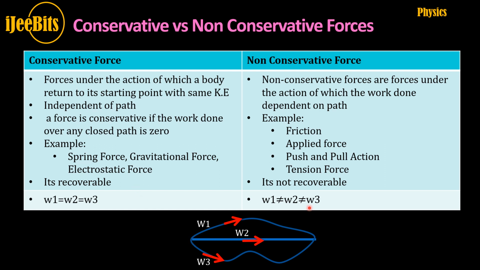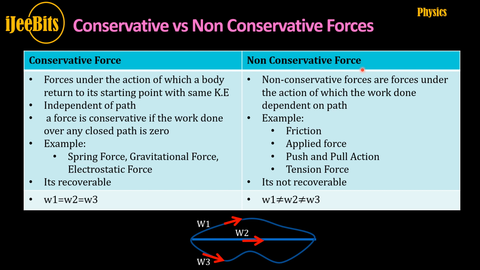That is what conservative force means. Let's take a simple example. From a starting point to an ending point, there may be three ways to complete the work, and let's say the values of work are W1, W2, W3. If W1 equals W2 equals W3, this is a conservative force. We are not depending upon the path.